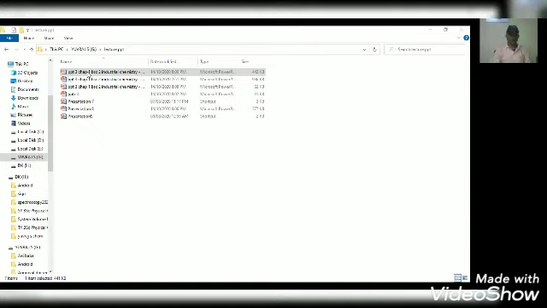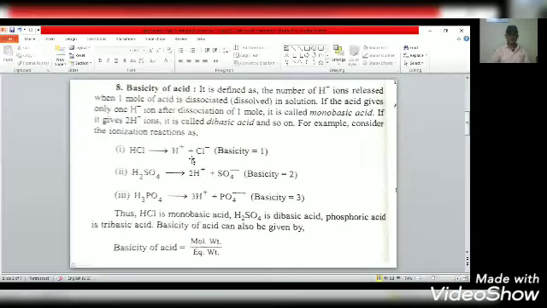Basicity of acid is defined as the number of H plus ions released when 1 mole of acid is dissociated in solution.